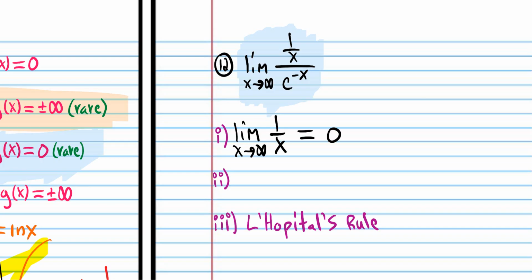So we get 0 for the numerator, and x is approaching a really big positive number. So if you have a really big positive number that you're plugging in, well, obviously it becomes negative with a negative in front of it. So you have e to the really big negative number.